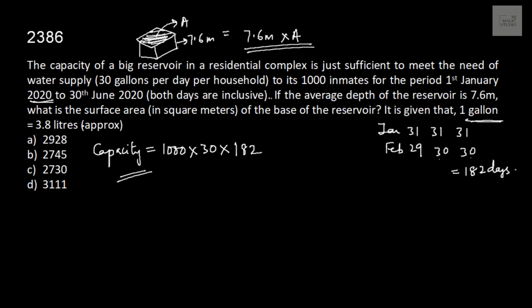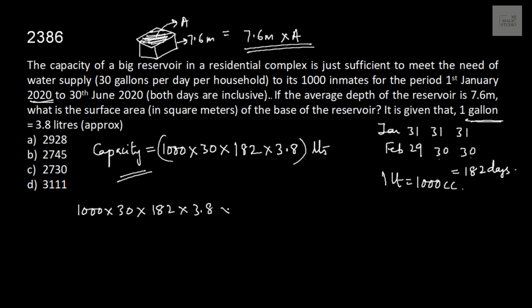1 gallon is 3.8 liters. That means water is this many liters. We know that 1 liter equals 1000 cc, that is cubic centimeter. Now can I say 1000 into 30 into 182 into 3.8 into 10 cube, total water equals A into 7.6 meter, which can be written as 7.6 into 100 centimeter because it is in cc.